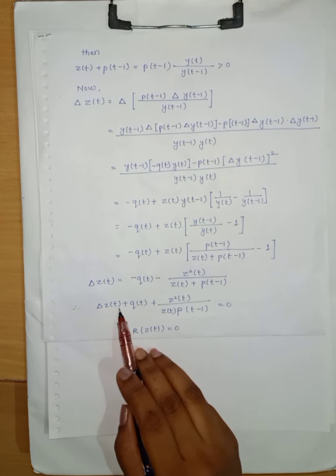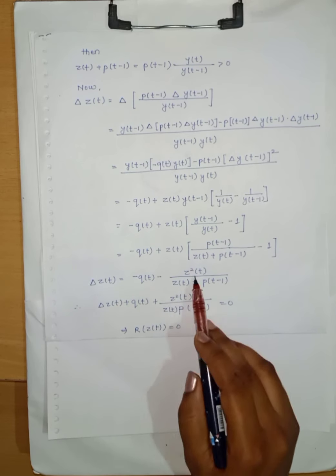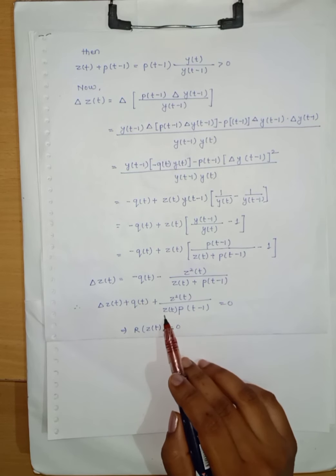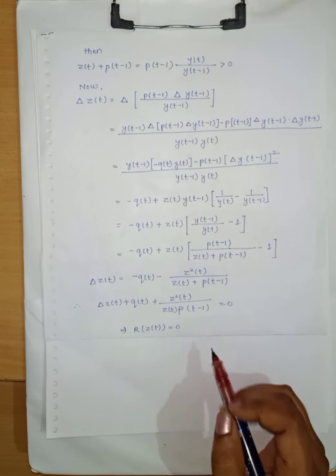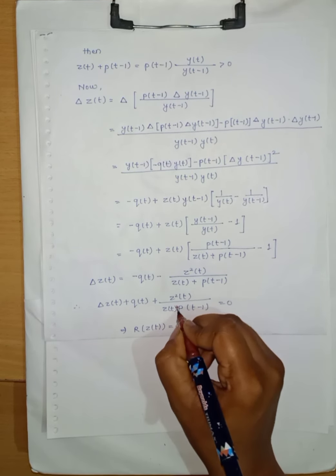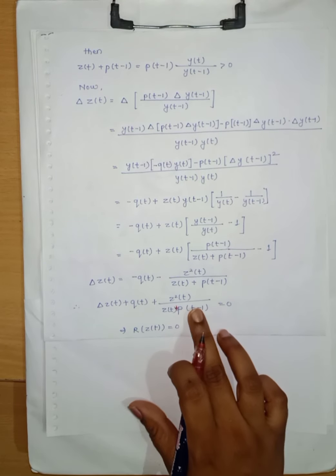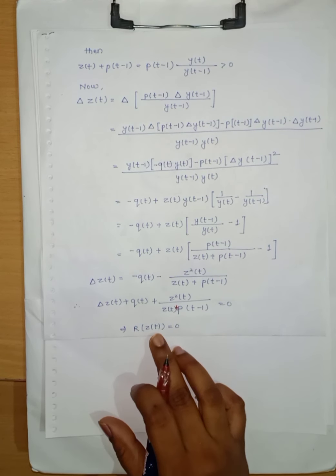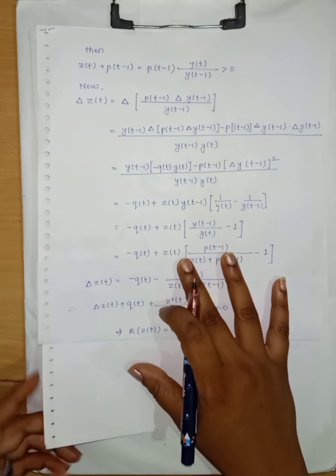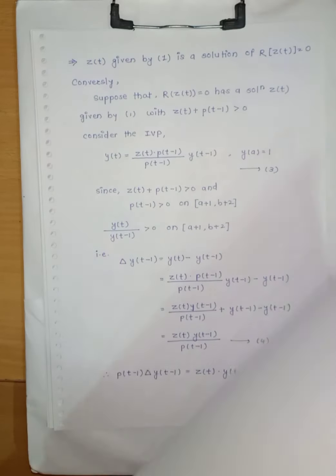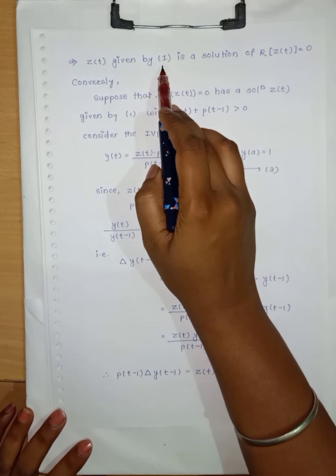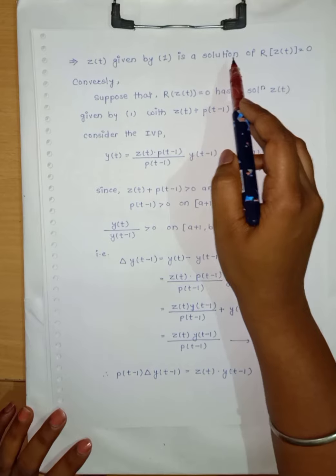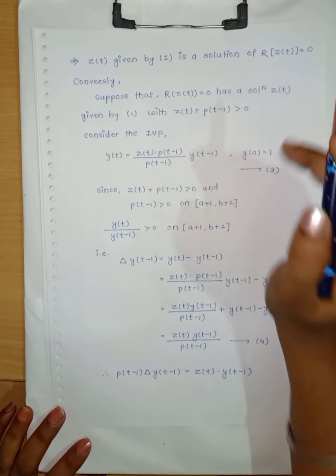Therefore delta z of t plus q of t plus z square of t upon z of t plus p of t minus 1 equals 0. Here there must be a plus. So this is the value of R of z of t equals 0. Now next, z of t given by equation 1 is a solution of R of z of t equals 0.